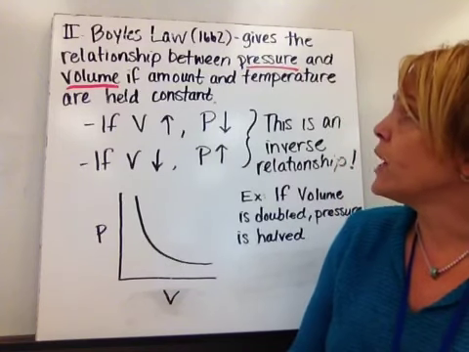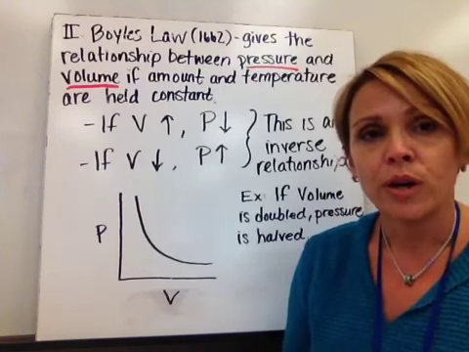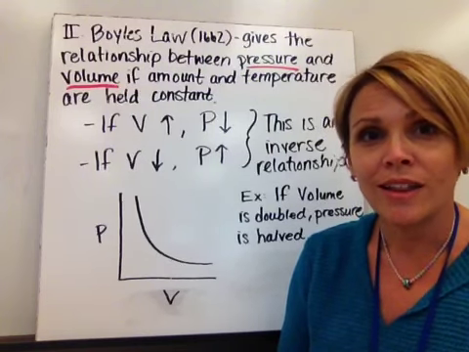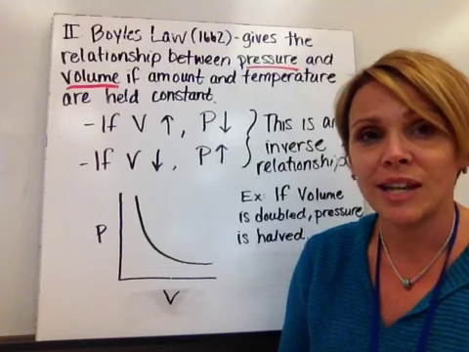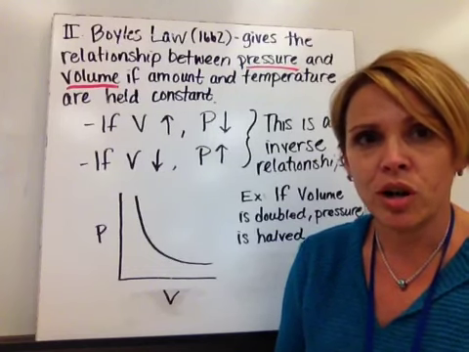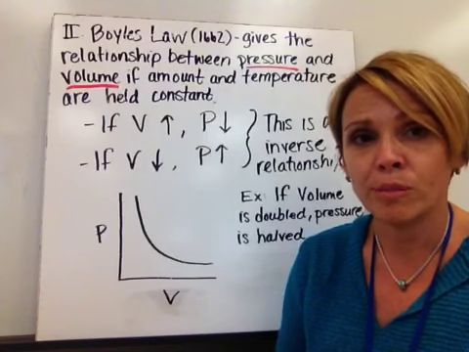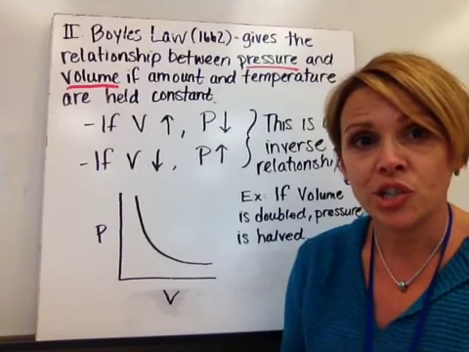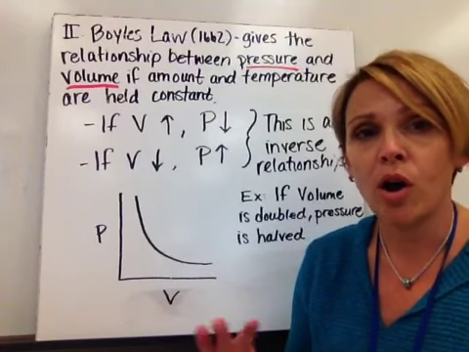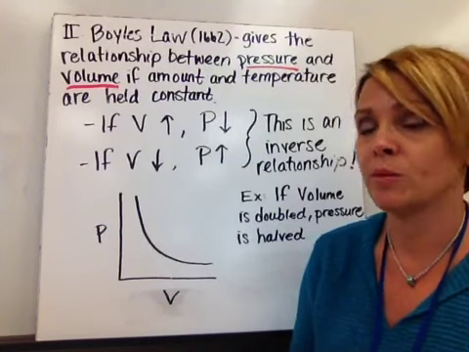I want you to write down that Boyle's law was written in 1662. So that's a very long time ago, and it still stands today. So we are very certain that Boyle's law describes a fundamental action that occurs between pressure and volume all the time, no matter where you are on the planet.